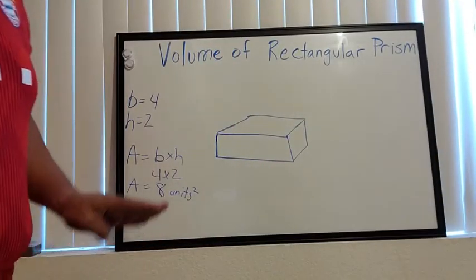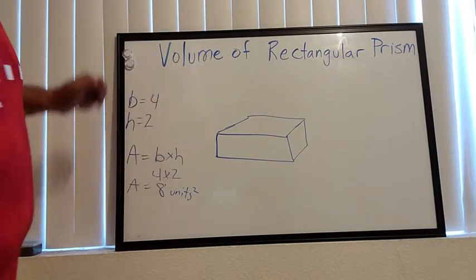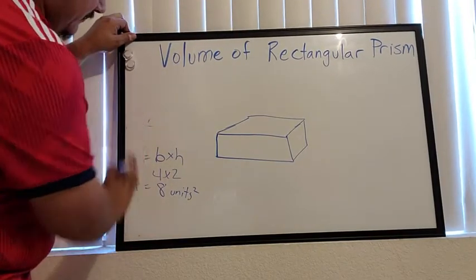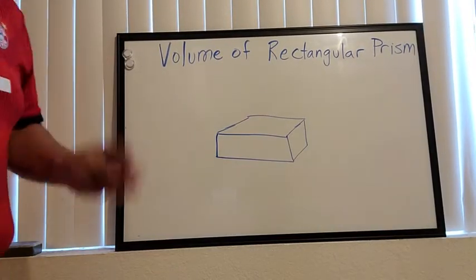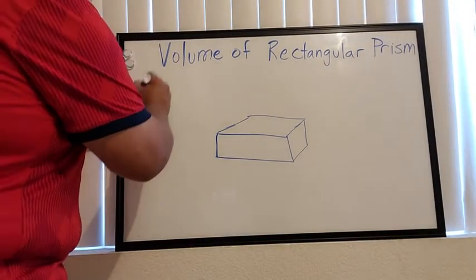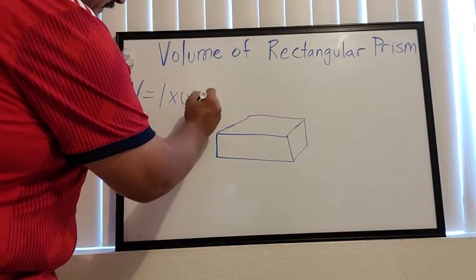Okay, so we turn this rectangle into a 3-dimensional shape, which will change our formula from just base times height to volume equals length times width times height.